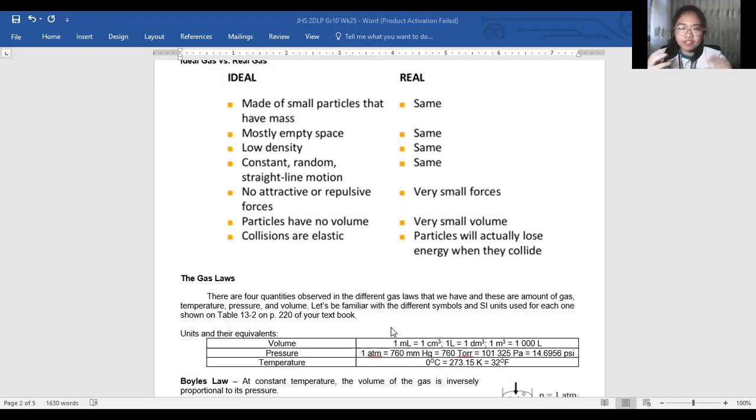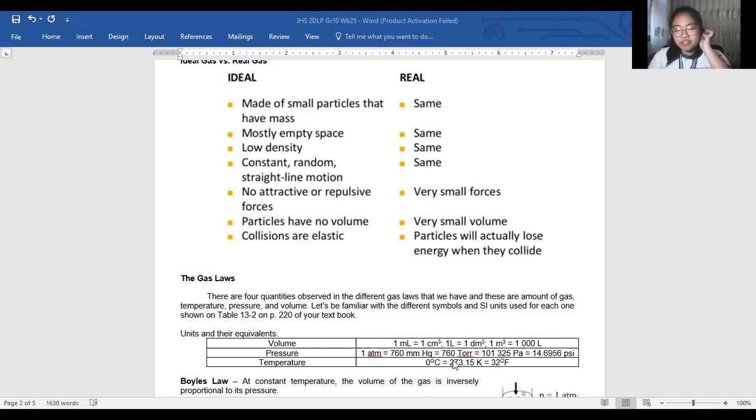Dito, meron silang dinevise na contraption na may mercury sa loob. And meron siyang tower sa gitna. Tas may open area. Syempre, nag-exert ng pressure yung gas doon sa open area. So, yung 760 millimeters na yan, yan yung inangat na level ng mercury dun sa pressure na ina-exert ng gas. So kaya meron tayong unit na 760 millimeters mercury.